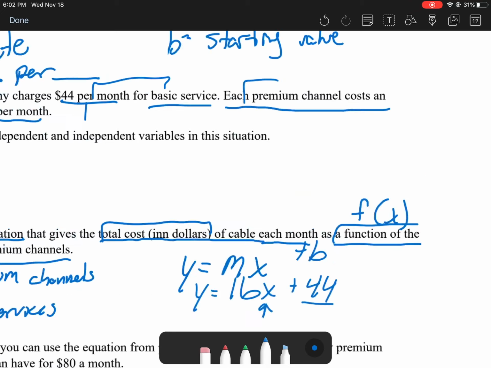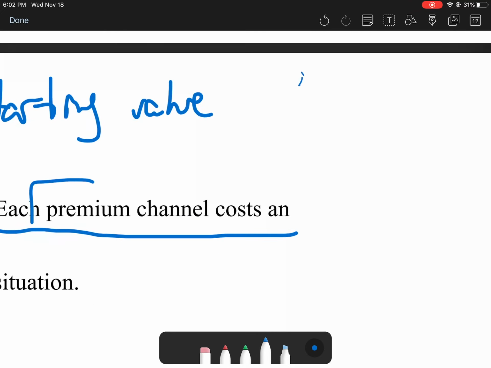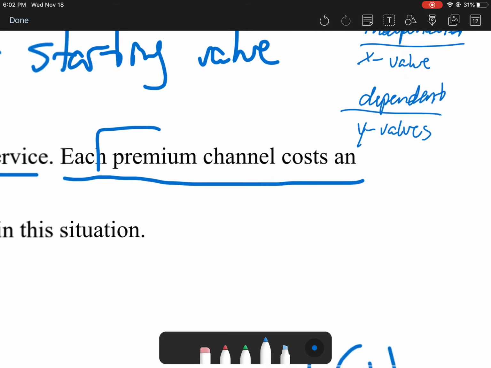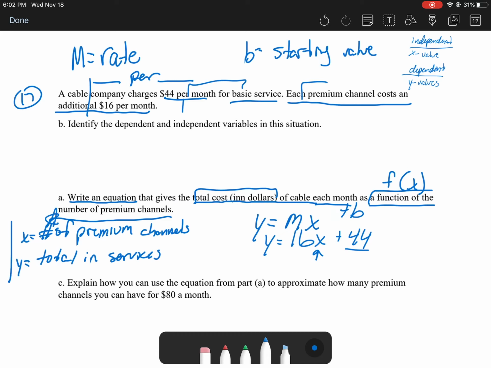Identifying the dependent and independent variables. I said in the previous video that your independent variable is your x value, and your dependent variables are your y values. We already figured them out right here.